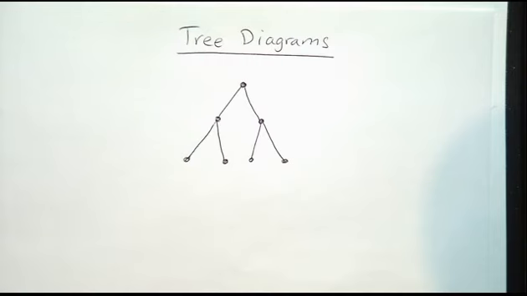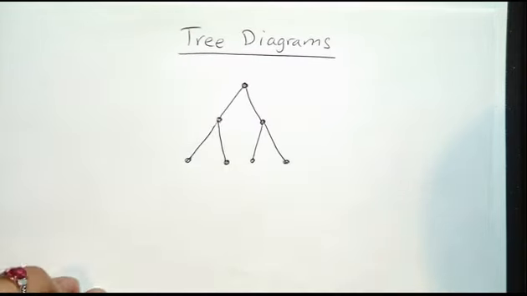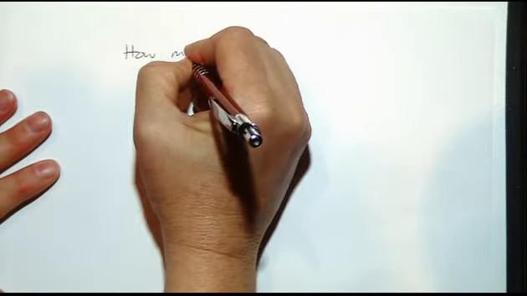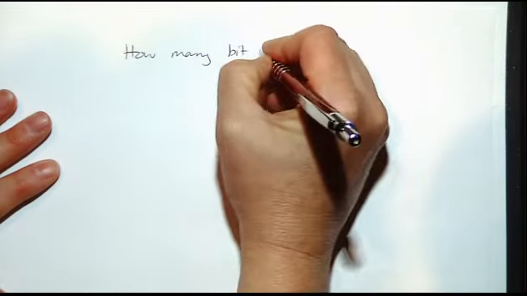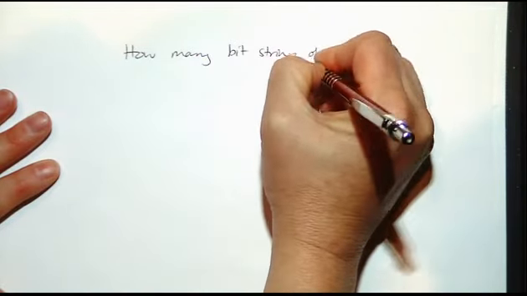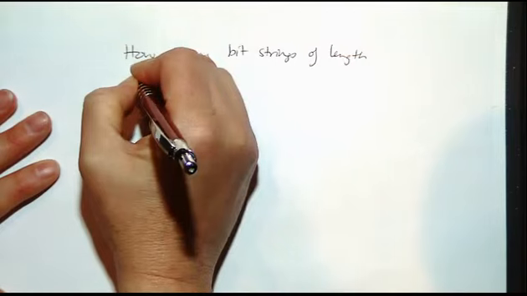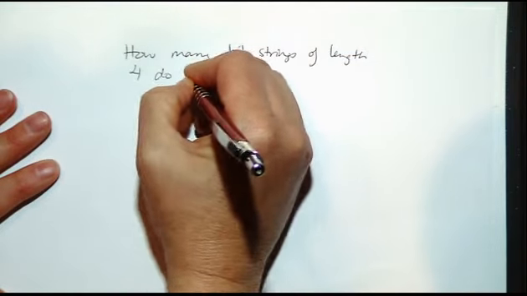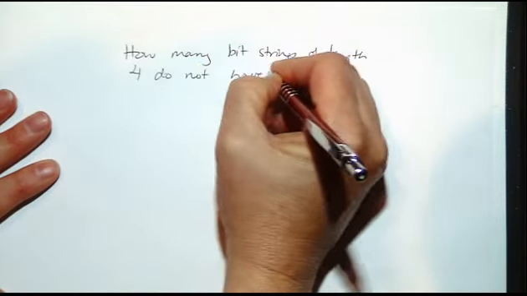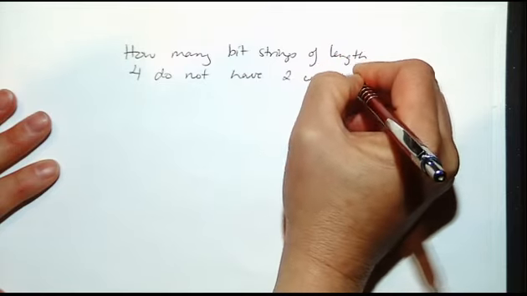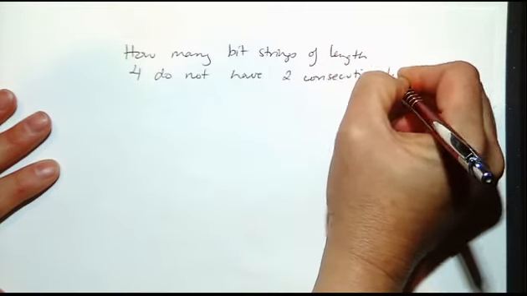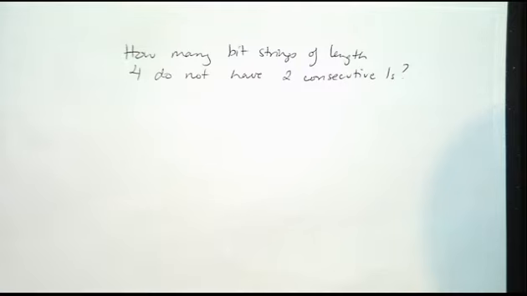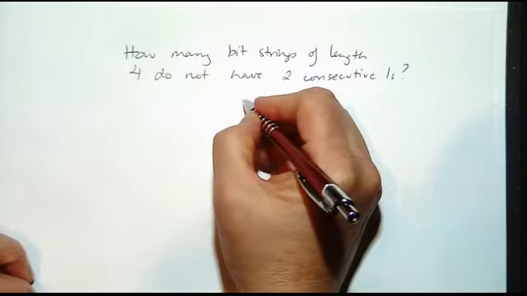So for example, let's say we have a problem: how many bit strings of length 4 do not have 2 consecutive ones. One way to do a tree diagram for that is to say, okay, let's start out.